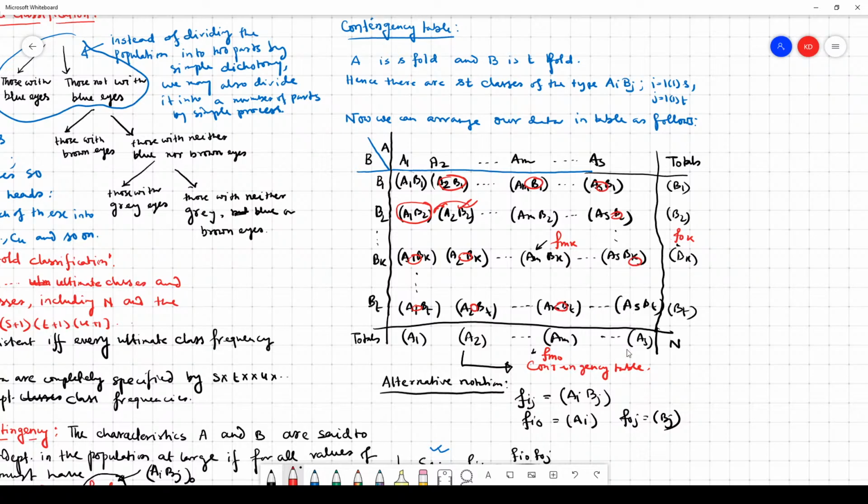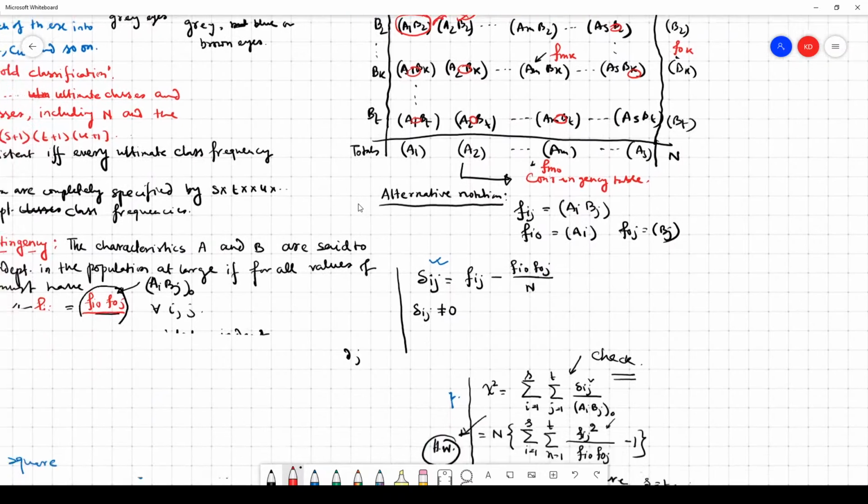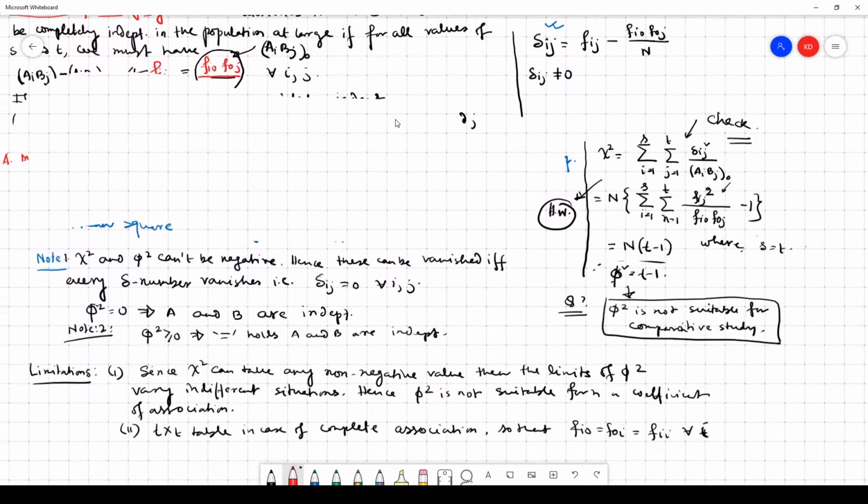And s should be t. So, if I represent this in tabular form, then we see that I consider a 3 cross 3 table.